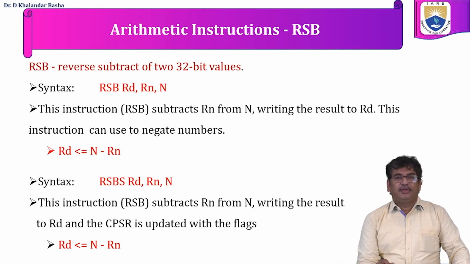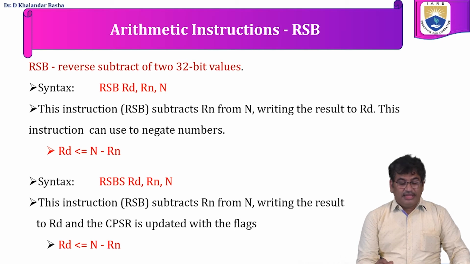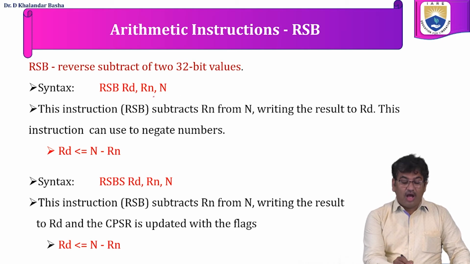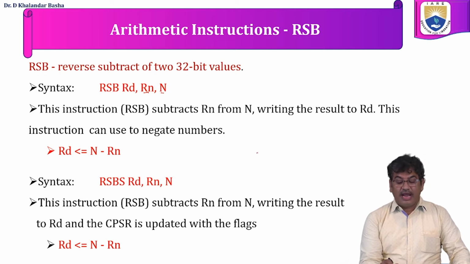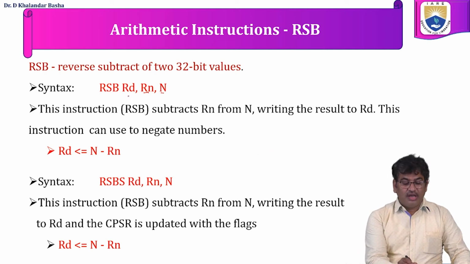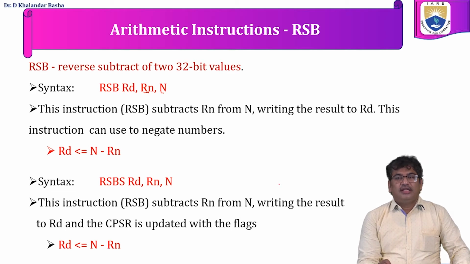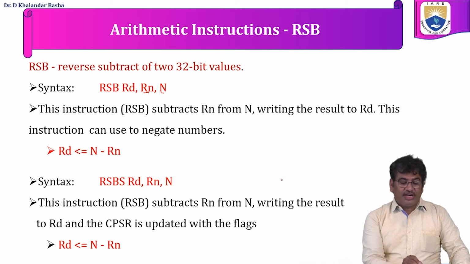The next instruction is RSB, which is a reverse subtract of two 32-bit values. The syntax of the instruction is RSB RD, RN, N. This instruction subtracts RN from N and the result will be stored in the RD register. This instruction can be used to negate numbers. The functionality can be described as RD = N - RN.